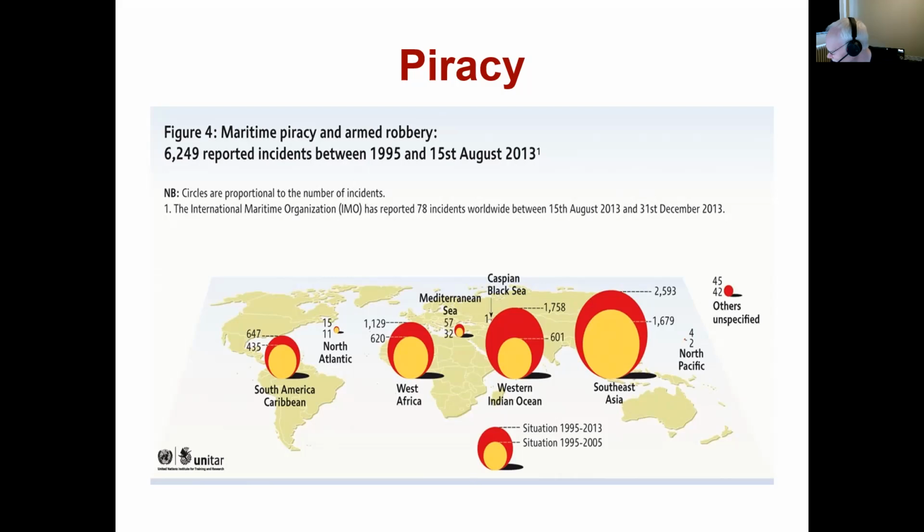So the circles are showing here that the threat, if anything, has been growing in most areas of the world. Yellow circles being the situation in 1995 to 2005, and the red, from 1995 to 2013.